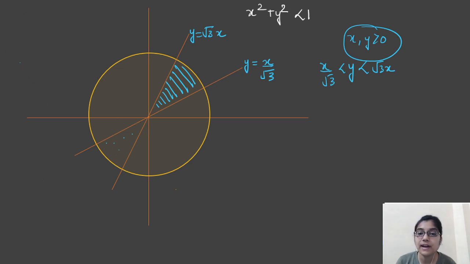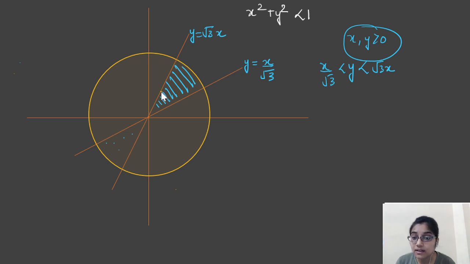So now we have to find out the limits. One way is to work in Cartesian, which I have explained. For that you will draw a strip parallel to x or parallel to y. But in both cases your region will get divided into two parts if you are going to find the limit of x in terms of y.